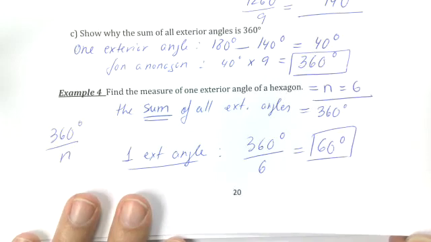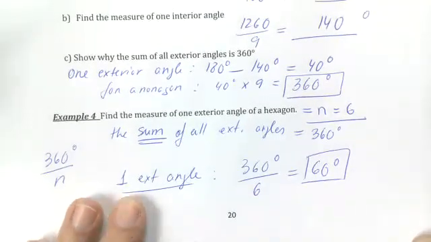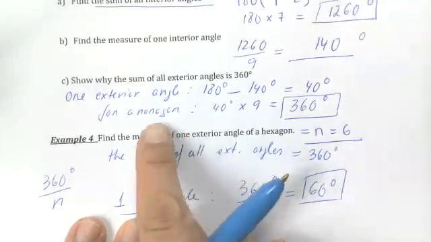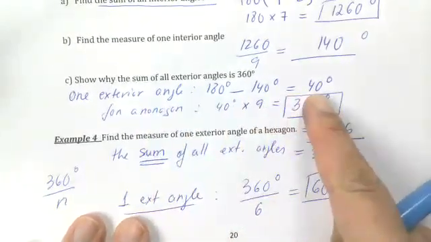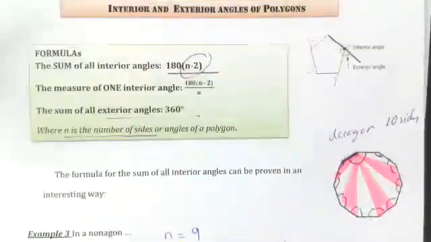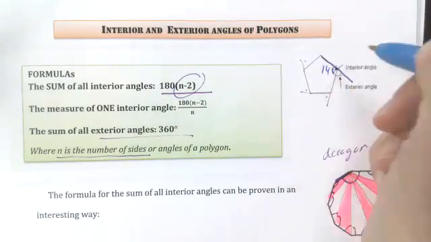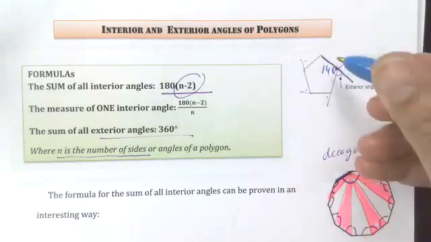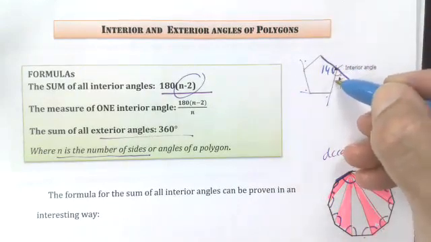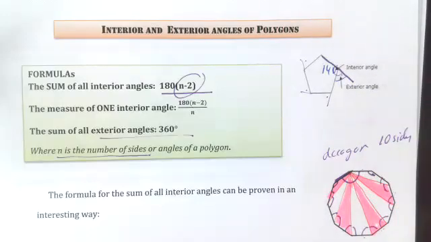For the C question, you said one exterior angle is 580 degrees and the other is 360, so I don't know the difference. One exterior angle, this one is 40 degrees because if the interior angle is 140, this is not an omegon, but I'm giving you an example. 140, the exterior one is 180 minus 140.